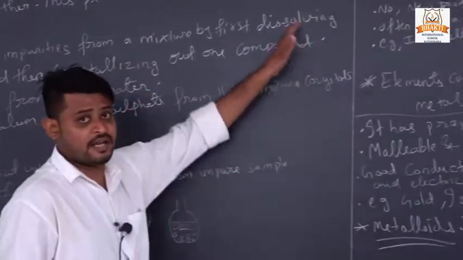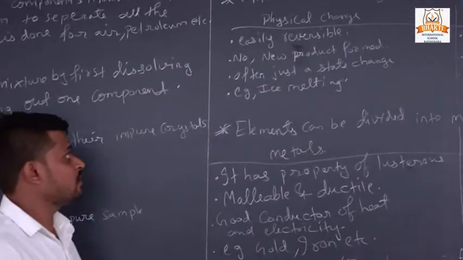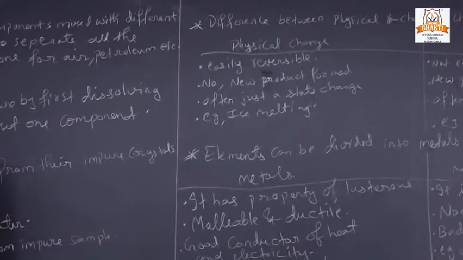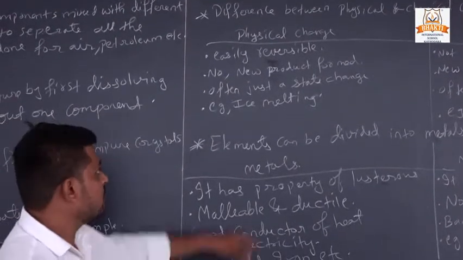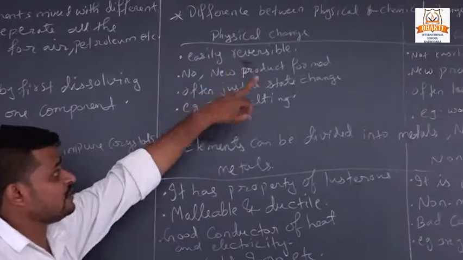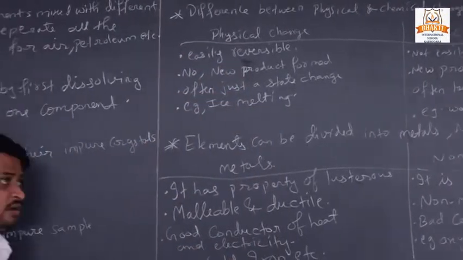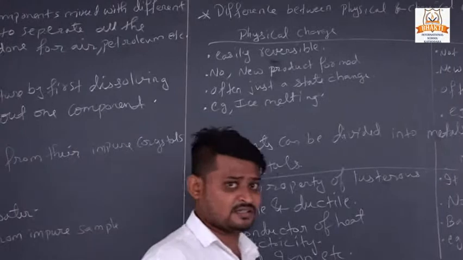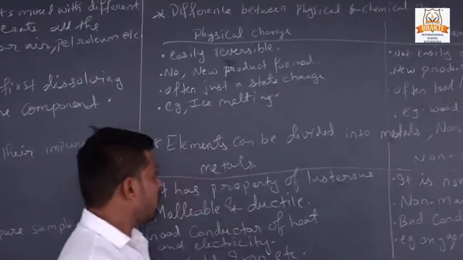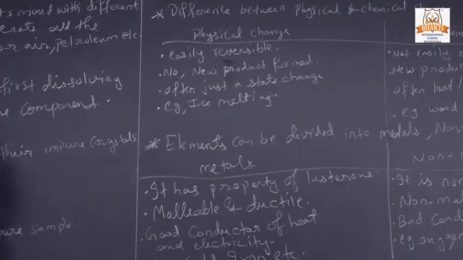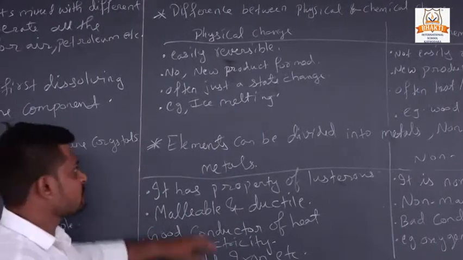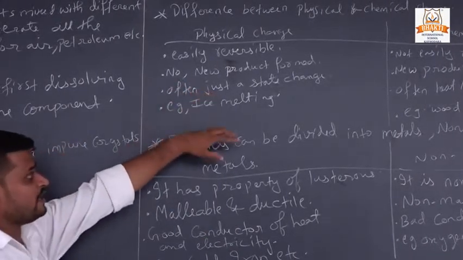Now this is the last part of this chapter, an important point: the difference between physical and chemical change. We already discussed this in earlier classes, but now I will explain once again to revise the topic.